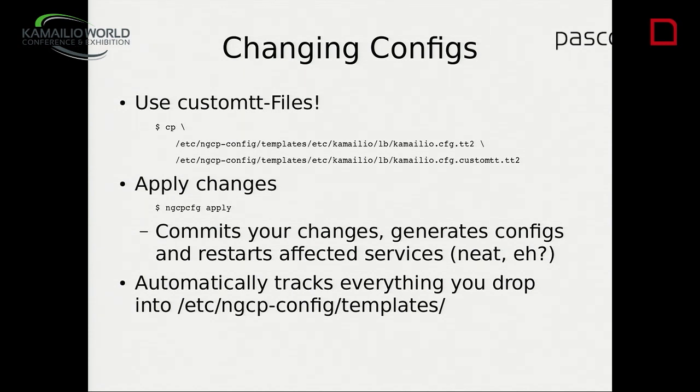If the system notices that a .custom.tt2 file exists in the directory, the custom file will take precedence over the default file. Another reason to do that is that if you upgrade your system and you upgrade your templates package, your changes will be lost because the default configuration file will be overwritten by the new templates.